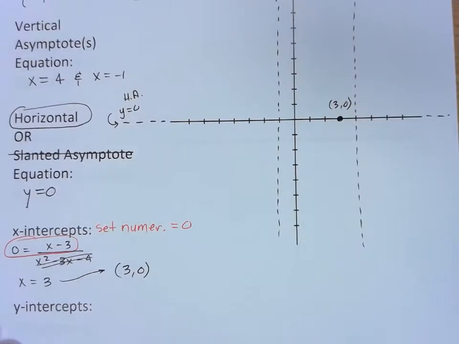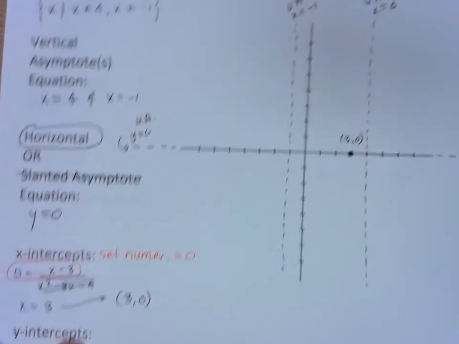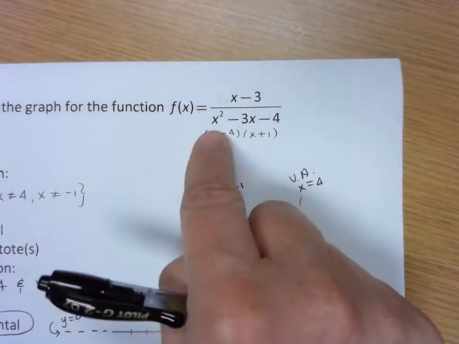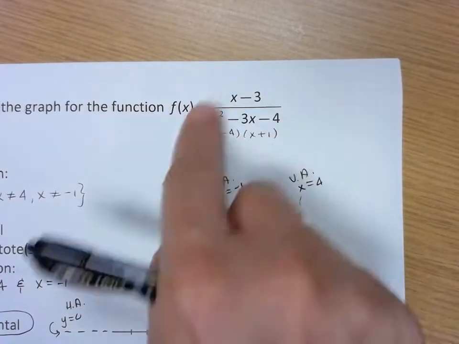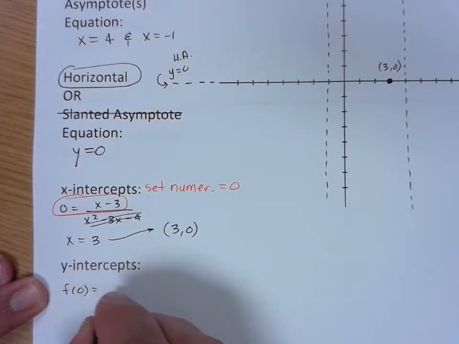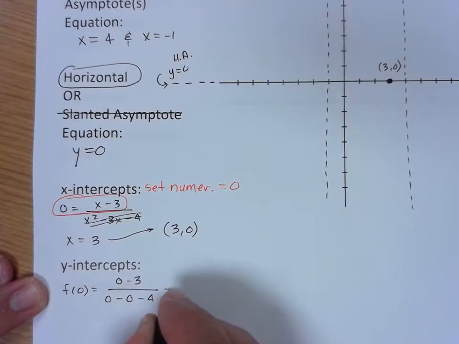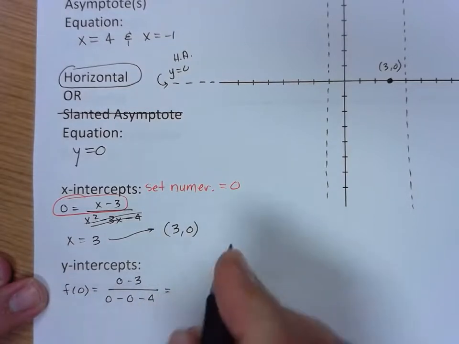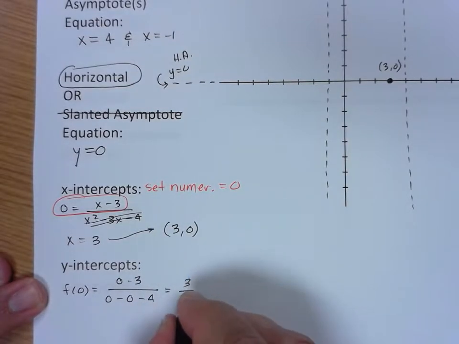I'll denote that. And our y-intercept is always easier. Y-intercepts are found by just plugging in x equals 0 for all the x's that you see. So you're just calculating f of 0, which will be (0 minus 3) over (0 squared minus 0 minus 4). So you end up dividing negative 3 by negative 4, and you get 3/4.